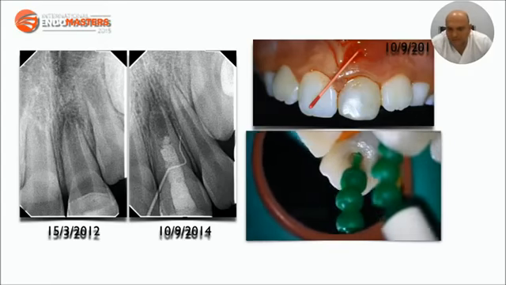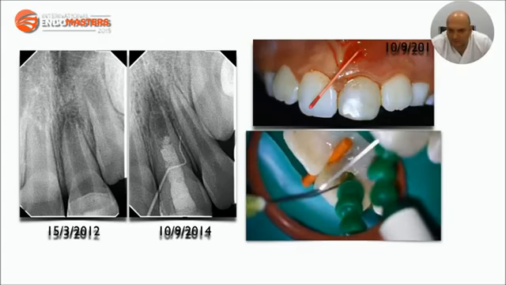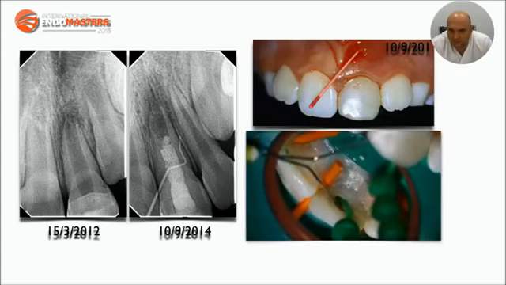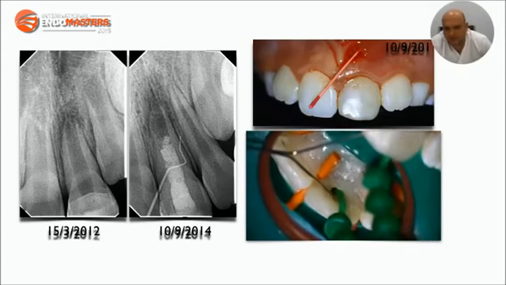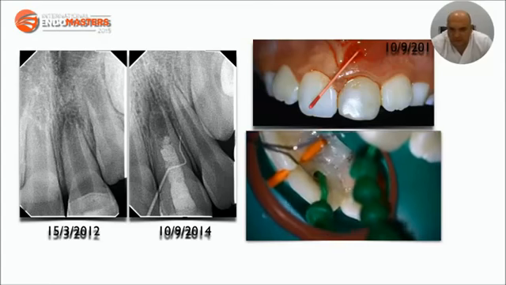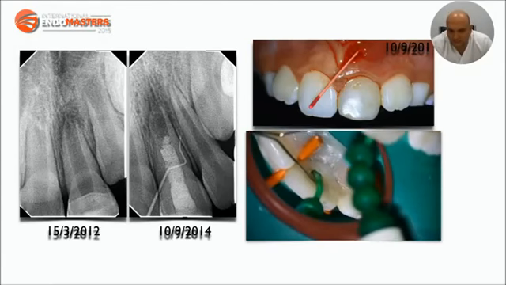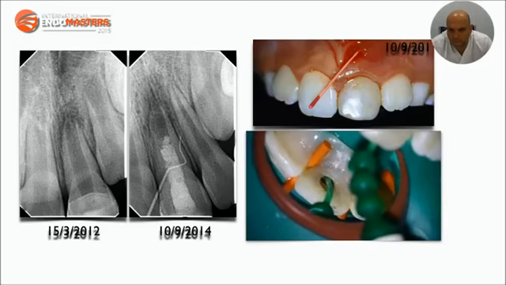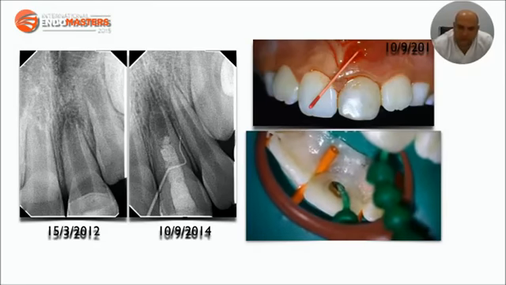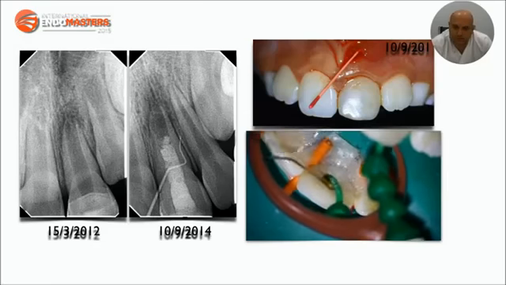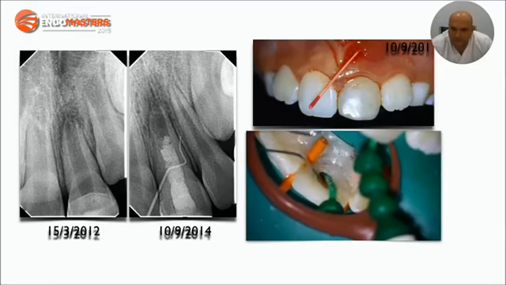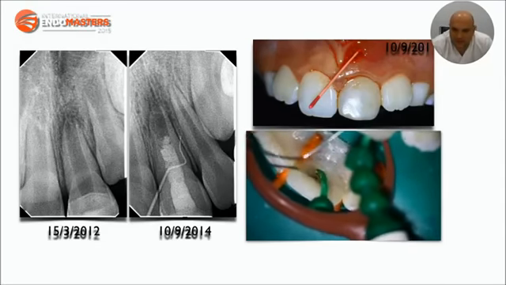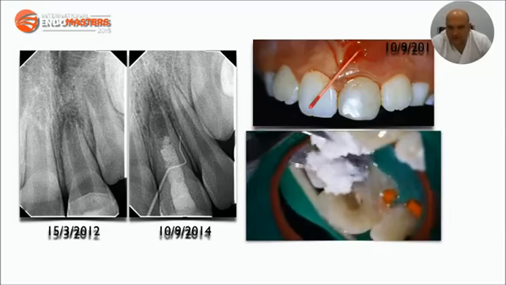I'm trying in this case to apply negative pressure irrigation in order to disinfect the wide canal safely, without risking extrusion of sodium hypochlorite beyond the apex.